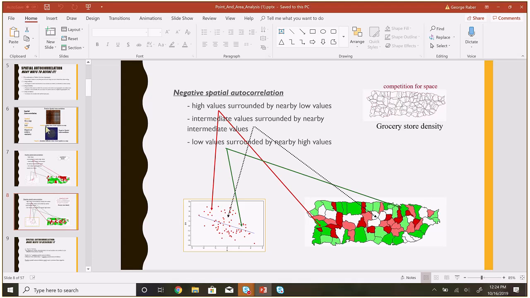Green means there's not a lot of grocery stores, and white means that it's in the middle. It's moderate. It's like all the high areas trend toward the middle. Looks like there's a core of grocery stores in the center, and then around the outside, there's fewer grocery stores.